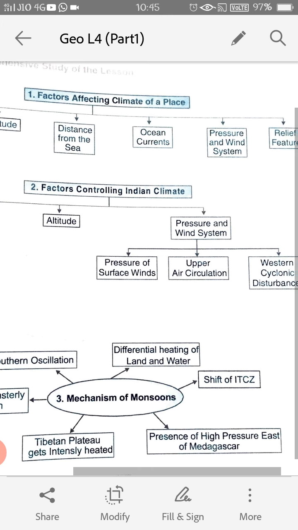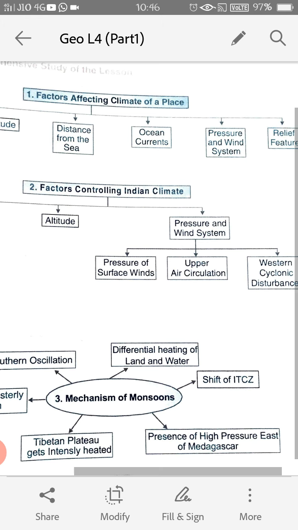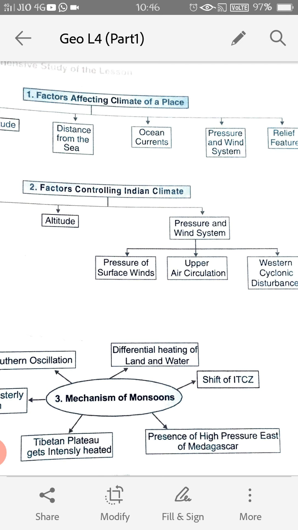And then the next one is ocean currents. Ocean currents affect the climate of coastal areas. Coastal areas mean the places which are very near the oceans, or are settled on the coast itself.